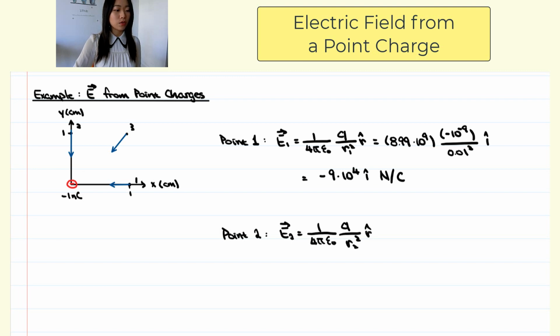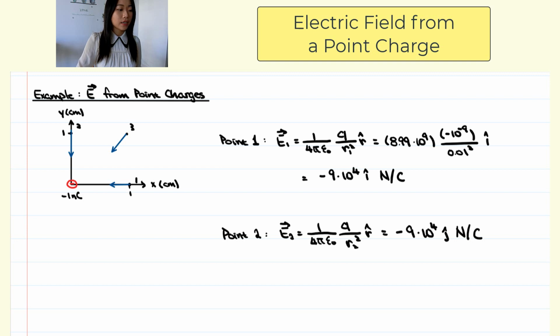So this equals negative, since the source charge is negative, 9 times 10 to the power of 4, and r hat in this case is j hat, because the unit vector from the source charge to point 2 is in the positive y direction. Then with a negative sign in front, the electric field is pointing in the negative y direction. And the unit is newtons per coulomb.